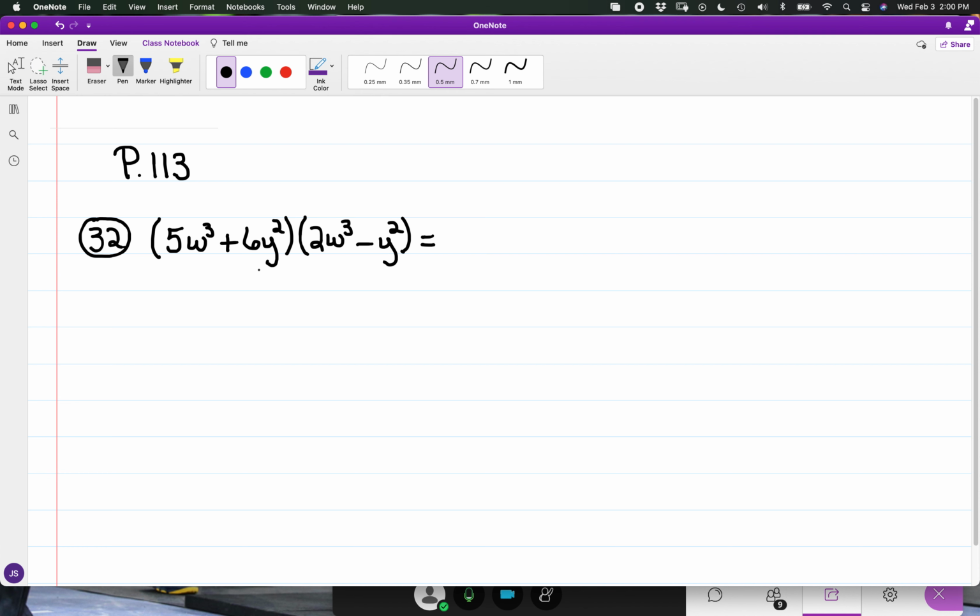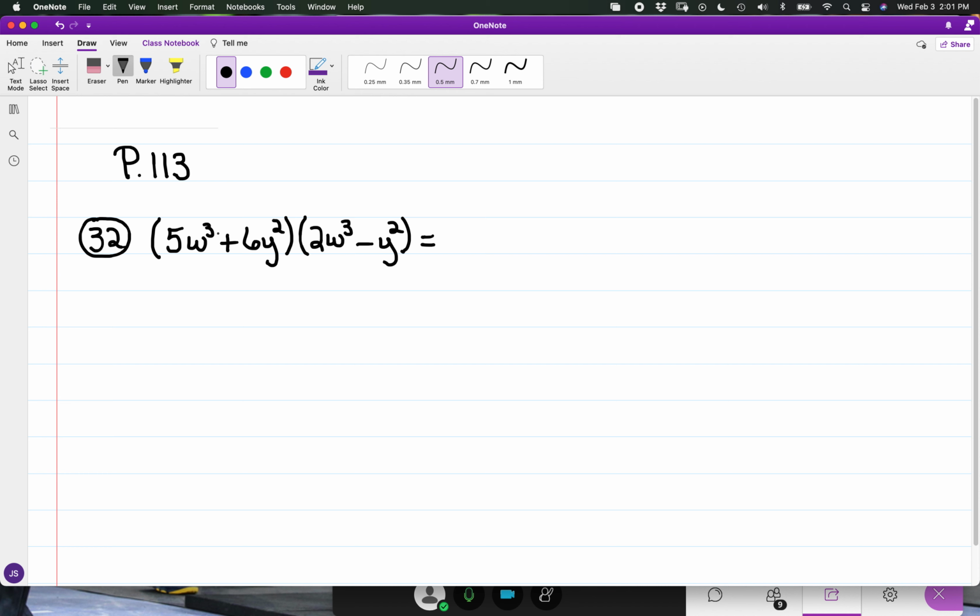We have a couple of binomials, both presented with the letters W and Y. If we look at attaining the product of multiplying 5w cubed plus 6y squared by 2w cubed minus y squared, again, you can take any version of the FOIL method. You could take either the box method, or what they might also refer to as the geometric FOIL approach, or you can go with just the regular pathway.